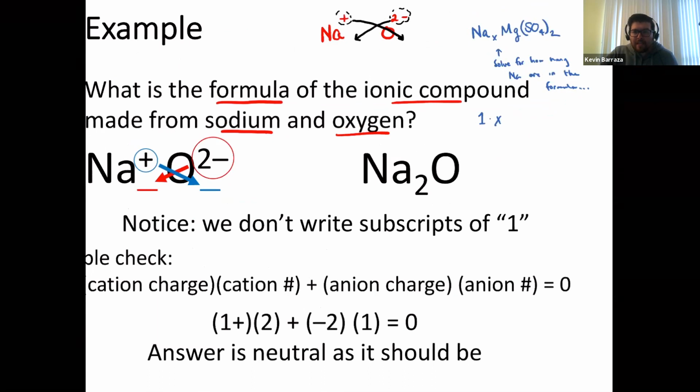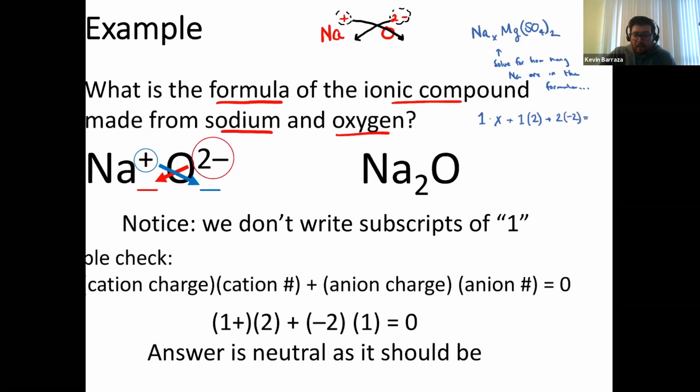I don't know how many there are. There is 1 magnesium, and it has a +2 charge. And that has to be balanced with the total negative charges. We remember sulfate is a -2 charge and there are 2 of them. So that's a total of -4, but I'll write it out. There are 2 sulfates with a -2 charge.